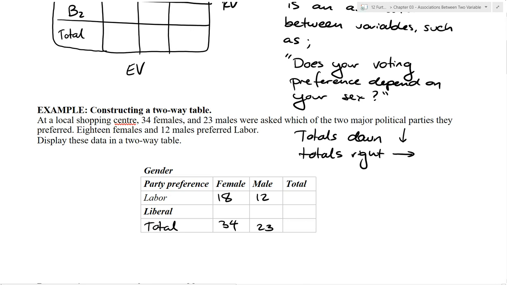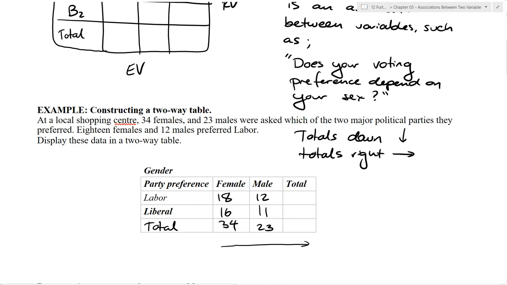So we know that the totals go down. So if we've got 18 females here, and we need to have a total of 34, that means that we're missing 16. And if we've got 12 males there, and we need to have a total of 23, it means that we're missing 11. We also total right.